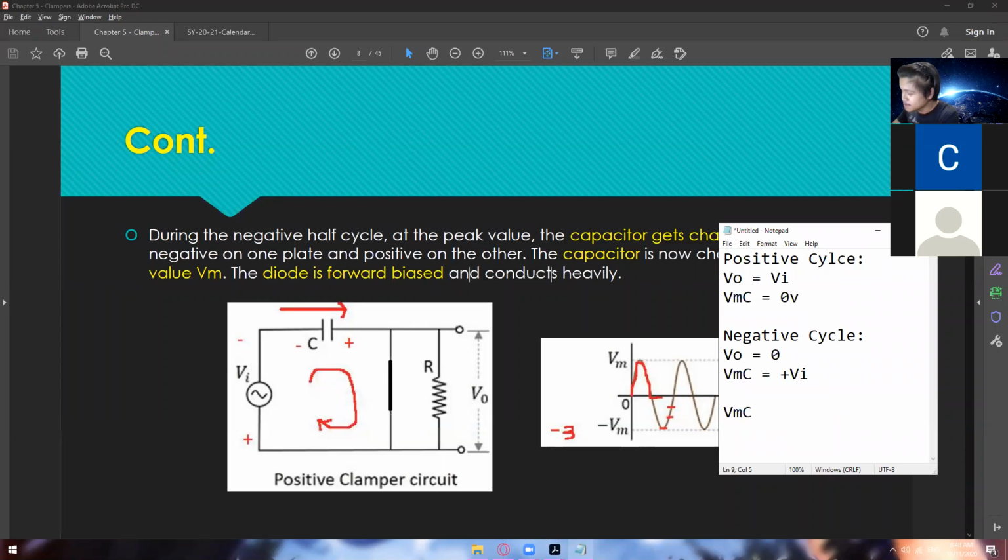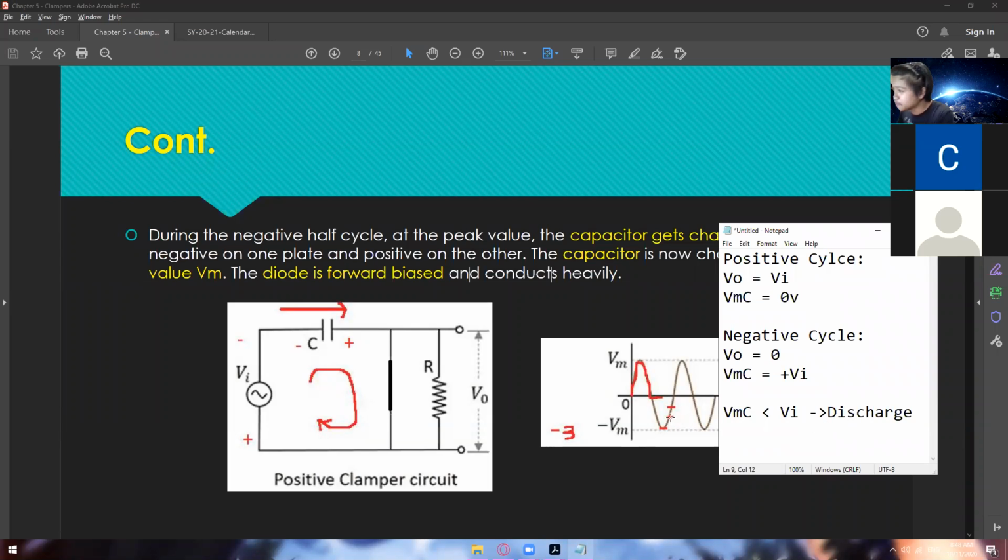If VMC, or the peak voltage of the capacitor, is less than the voltage input, then that's the only time that it will release, or rather discharge. So let's change the terminology of this one. That's the time that it will discharge its voltage.